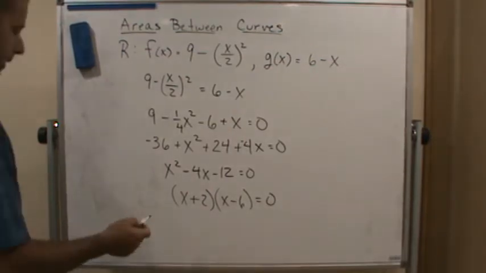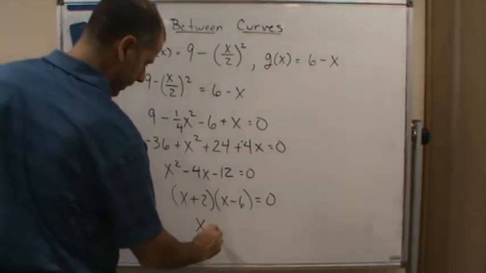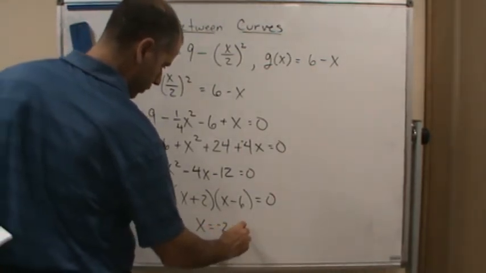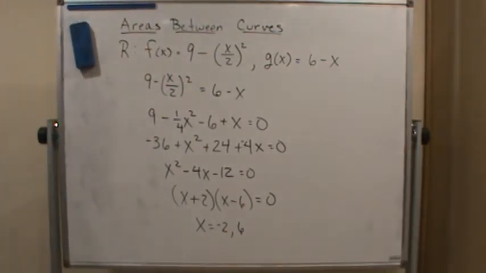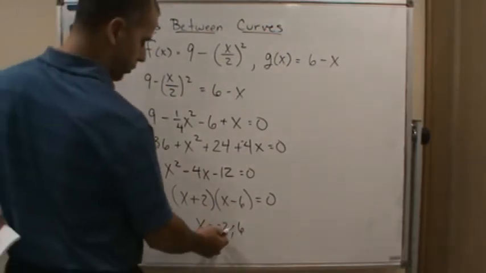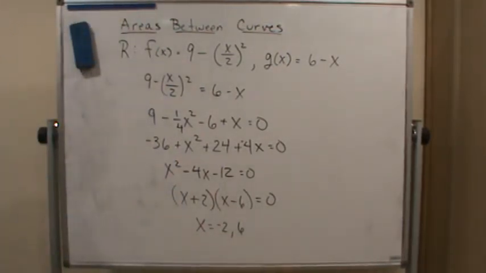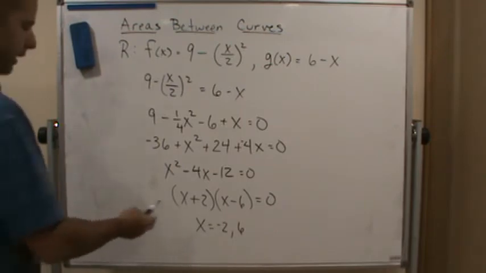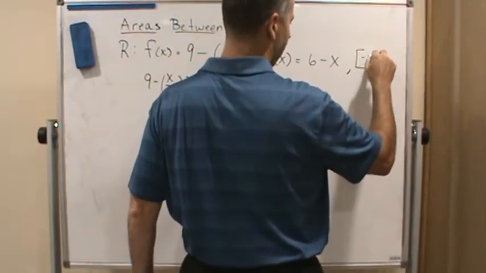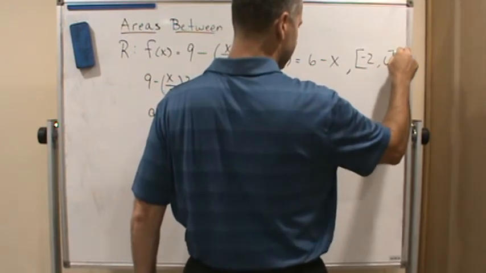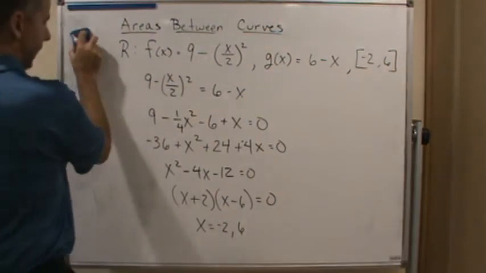And so, guess what? x equals negative 2 and 6 are where the two intersection points occur. So there's my closed interval from negative 2 to positive 6. That's it. Now I got my interval. My closed interval is going to go from negative 2 to 6, and now I can get started.